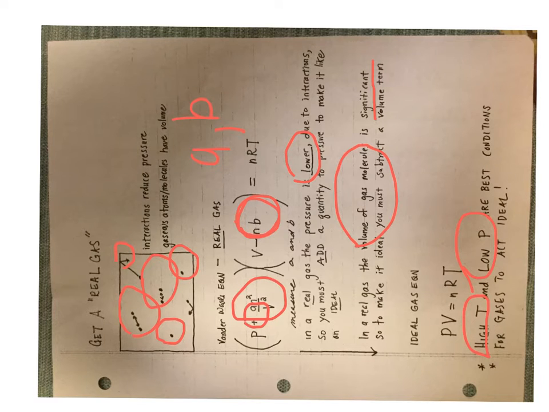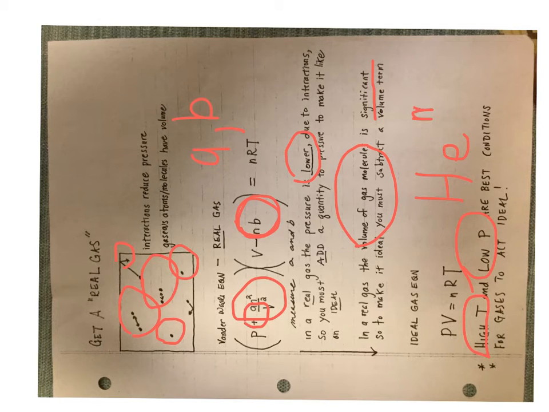If we think about the gases that would be most ideal, we would probably think of, say, helium. Helium is very small, has very few electrons, and therefore has only very weak dispersion forces.